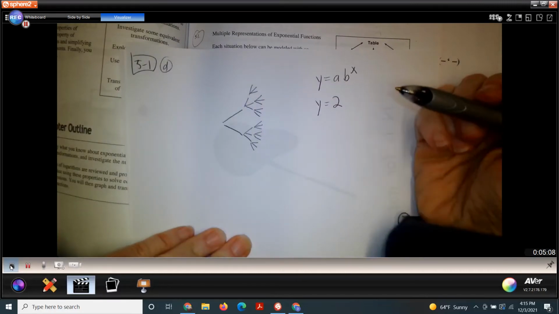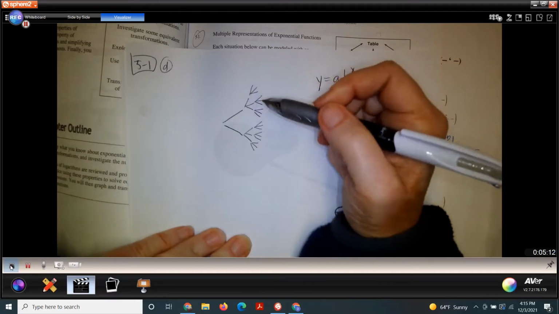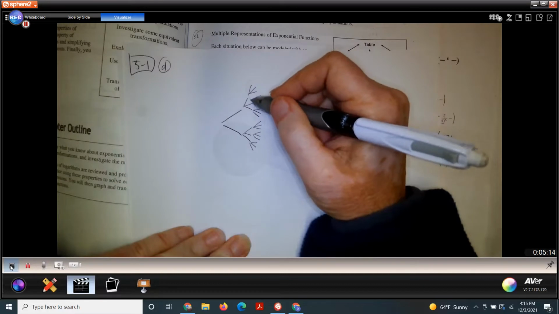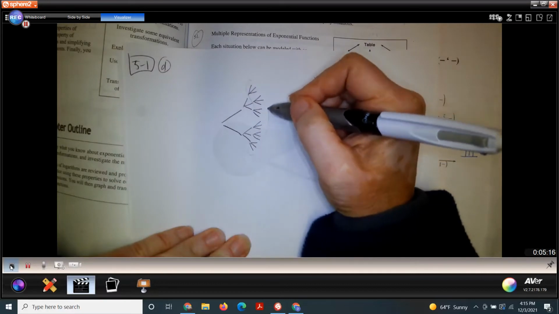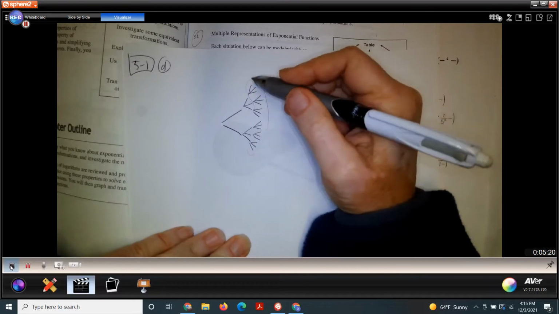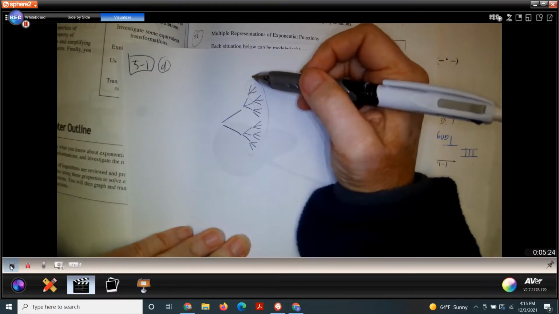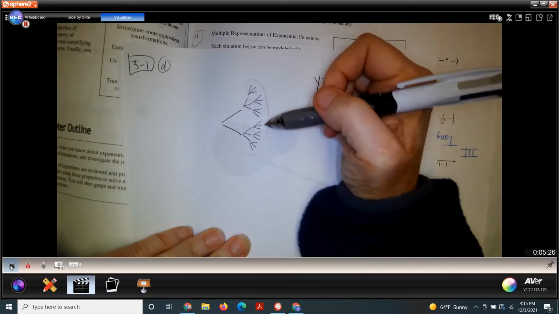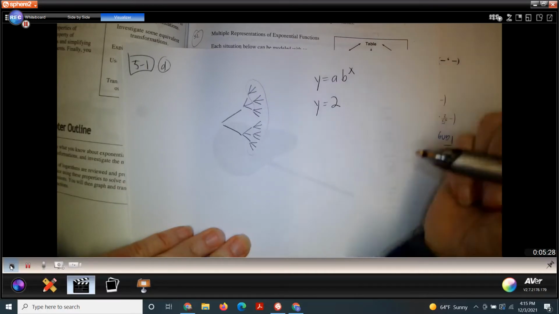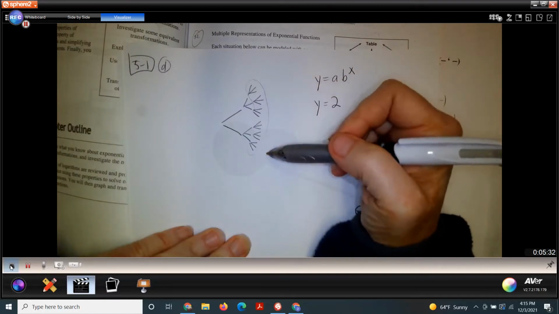But if I use the multiplier of 3, I'm just going to get the very last iteration each time. I'm not going to draw it because I know it won't fit, but I could draw 3 more on each branch here. If I use 3 for a multiplier, all I'm going to get is the new ones.